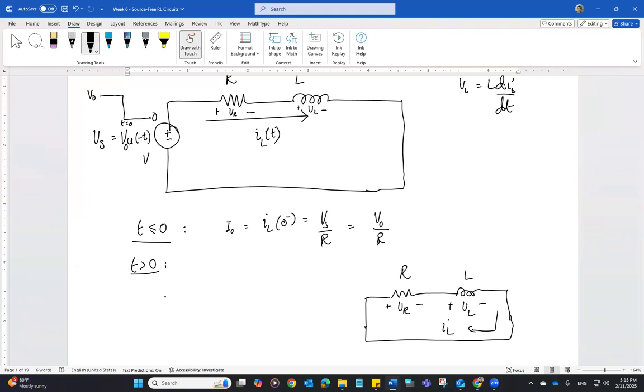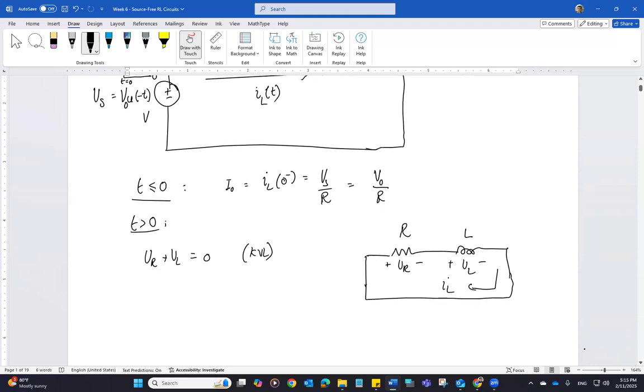If we apply KVL, VR plus VL is equal to 0. And we can write this down in terms of Ohm's law. VR is going to be IL times R, and VL is L dIL over dt. And this will be equal to 0.